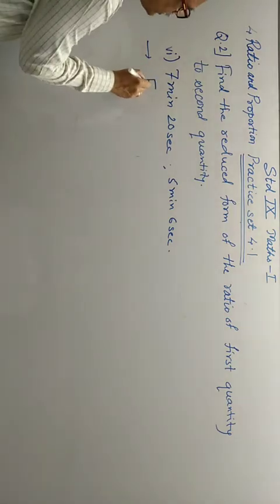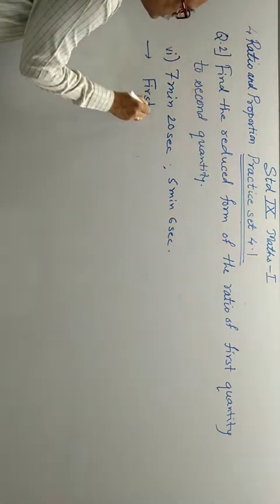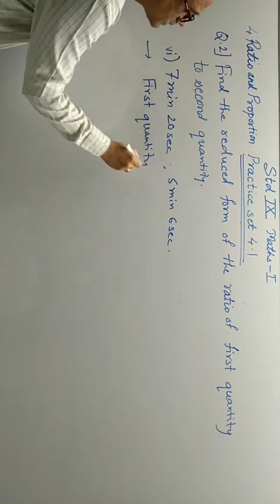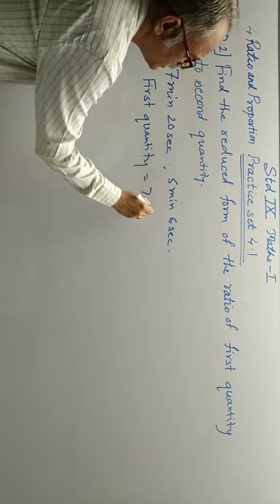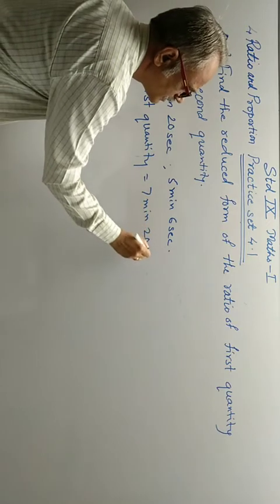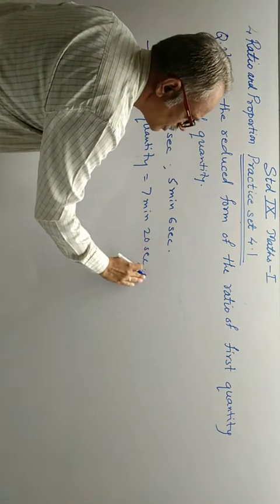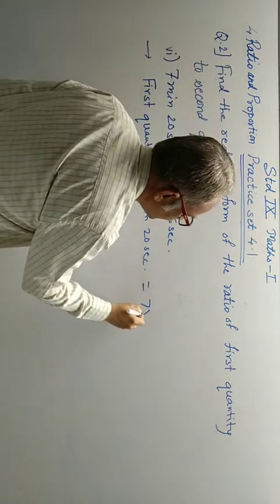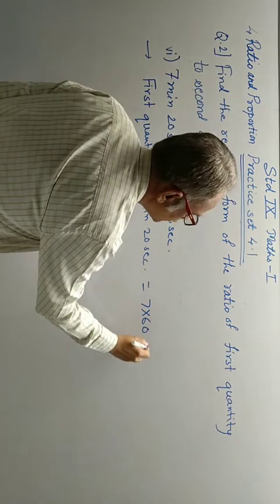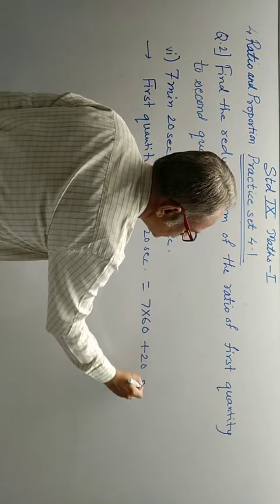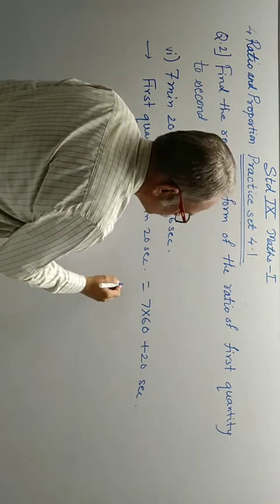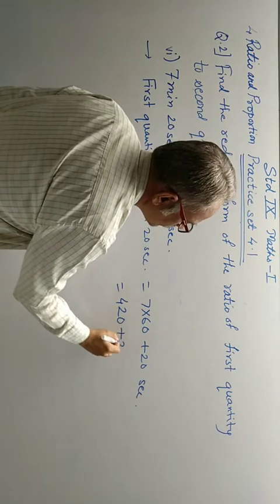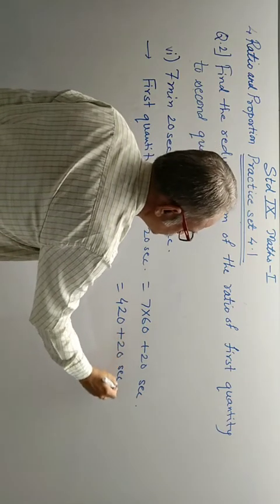First quantity is 7 minutes 20 seconds. The second is smaller, so convert everything into seconds. 7 minutes in seconds is 7 into 60 seconds plus the additional 20 seconds. 7 sixes are 42, 420 plus 20.